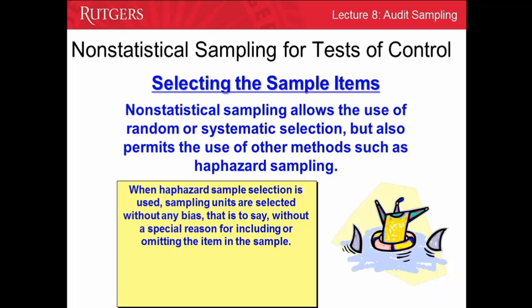When a haphazard selection approach is used, sampling units are selected without any conscious bias, that is, without a special reason for including or omitting items from the sample. This doesn't imply that the items are selected in a careless manner. Rather, the sample items are selected to represent the population.